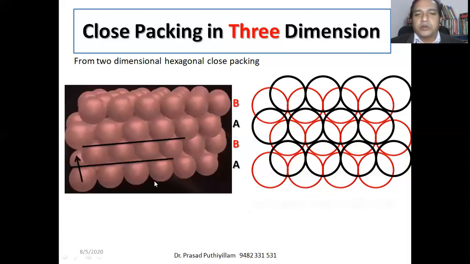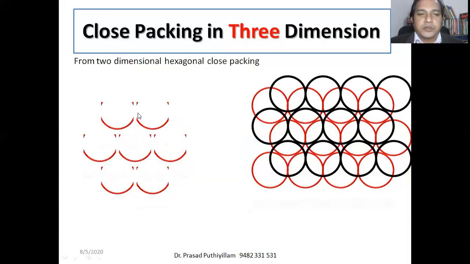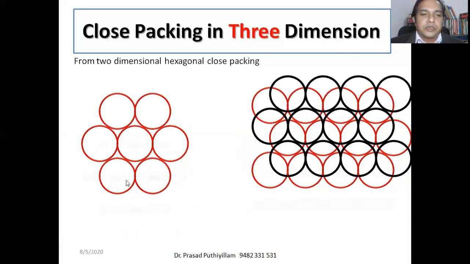These explanations are only for 2 layers. Now let us move on to the next layer, if you arrange a next layer of atoms. For the first layer I took 6 atoms. This layer as such I consider as A type, and the triangular void is covered by a second set of atoms.